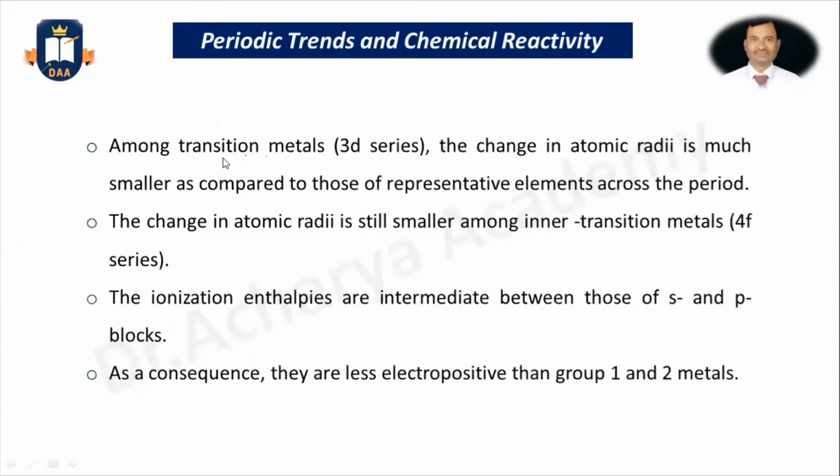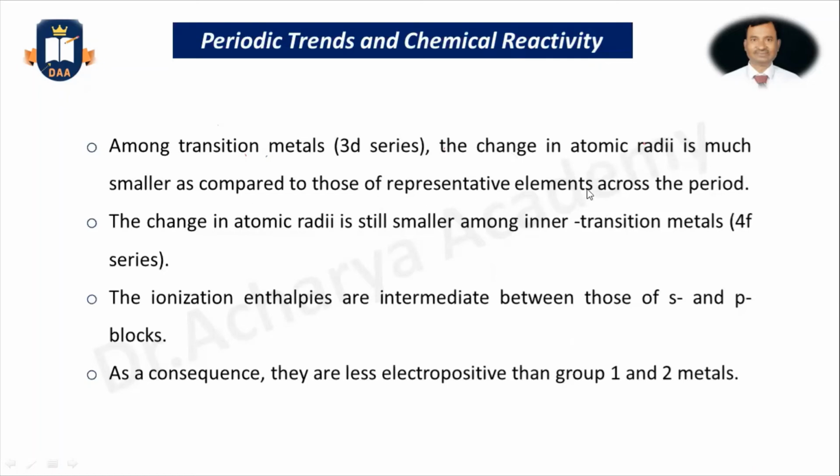Now, let's discuss the transition metals. From the previous class we know that transition metals are the 3d series. The change in atomic radius is much smaller as compared to those of the representative elements.